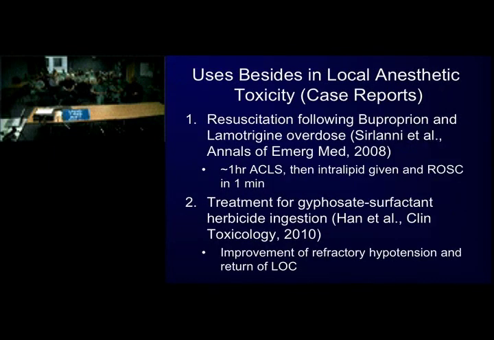So now looking at some of the case reports, besides local anesthetic toxicity, the first one I present to you is a case report of someone who tried to commit suicide using bupropion and lamotrigine, and basically gave himself an overdose.